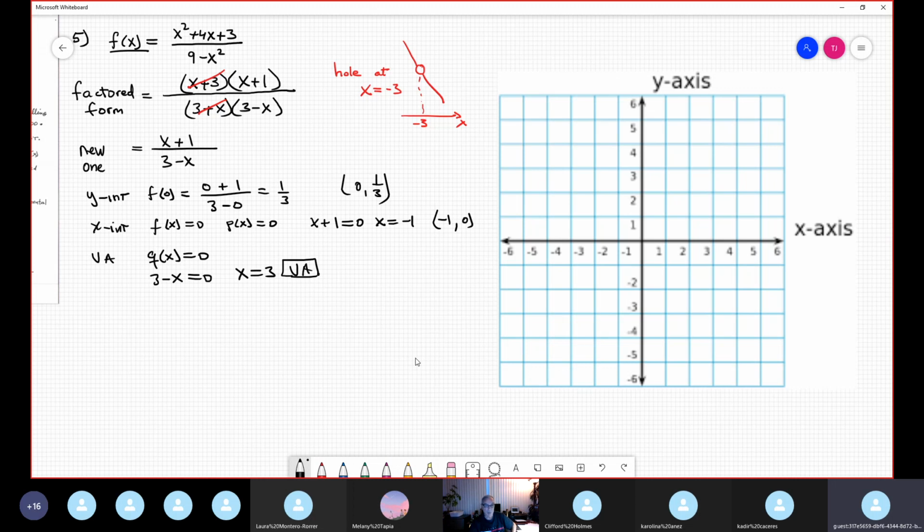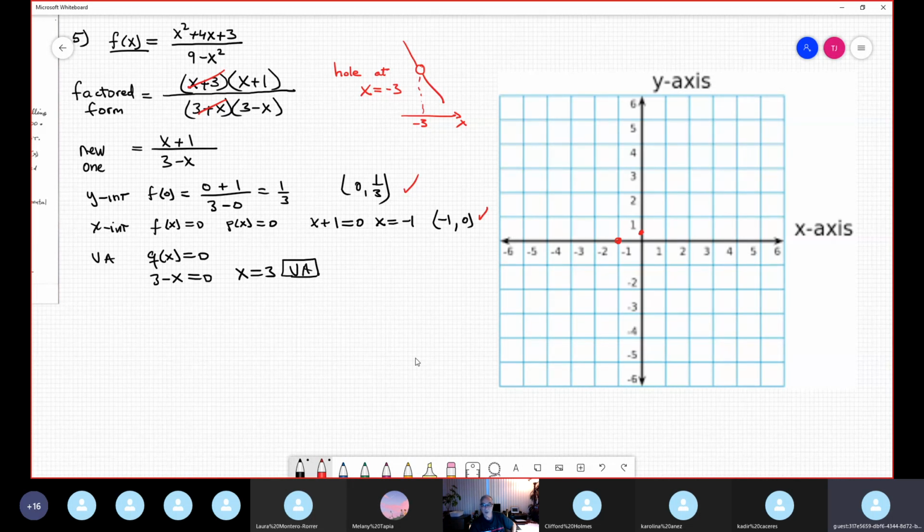I plot the point. What point do I plot? 0, 1/3. Using my imagination, it is here, approximately, no? Because this is 1 divided by 3, you know, this guy, boom. And this guy is -1, 0, boom. Plot that point. And we have a vertical asymptote at 3, no? Okay.